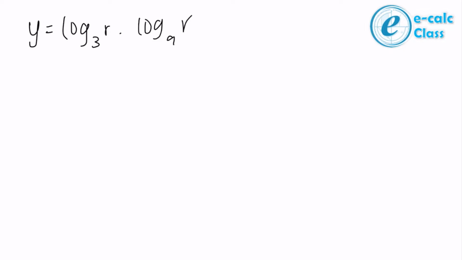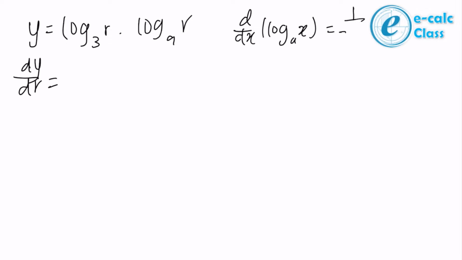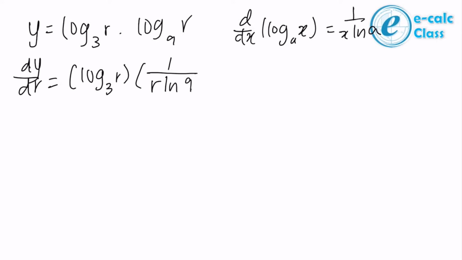Okay. So dy dr will just be, okay, I think I better write here, d dx of log base a of x is 1 over x ln a. Alright? Product rule. Copy the first function, differentiate the second function, x ln a.